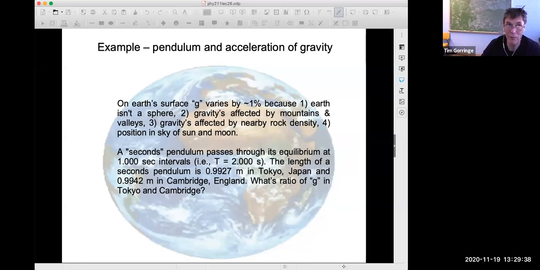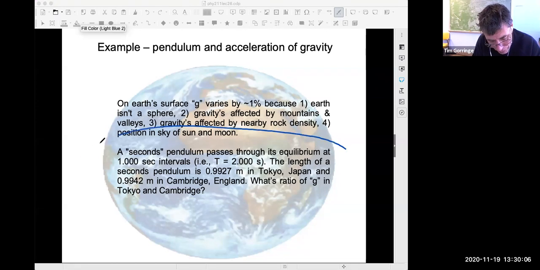And then finally, another thing that changes the measured acceleration of gravity, if you have a pendulum, is that the moon and the sun are also exerting gravitational forces on us. And so those change the measured acceleration of gravity because they contribute to the acceleration of gravity. Anyway, that was a long story to introduce this problem.